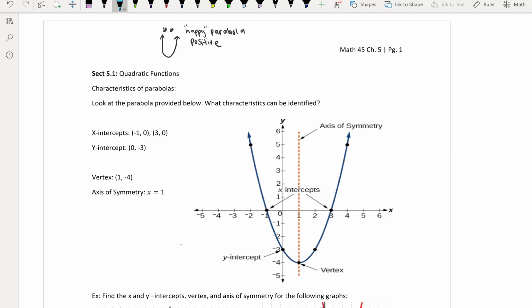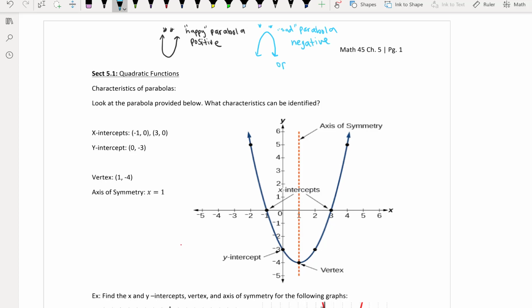Okay? You can also have a sad parabola, and you can think of that as frowning at you. So that's my sad parabola, and this is a negative parabola.